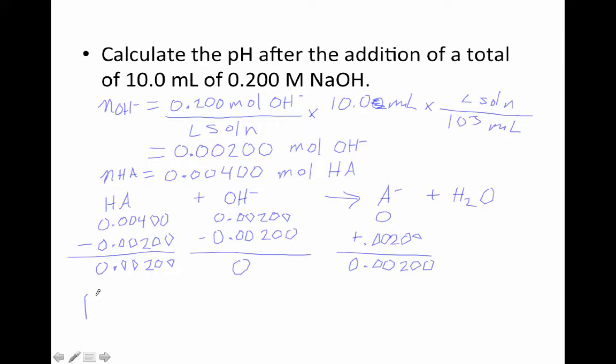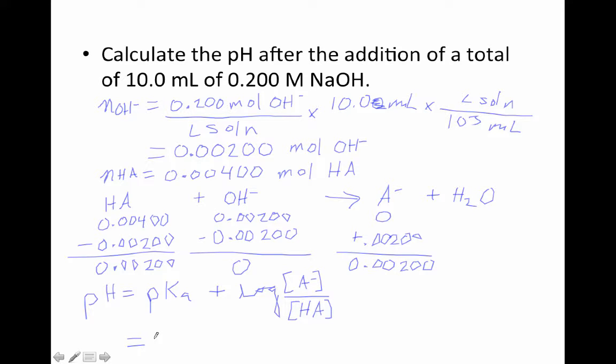Henderson-Hasselbalch says that the pH is equal to the pKa plus the log of the concentration of the conjugate base over the concentration of the weak acid.